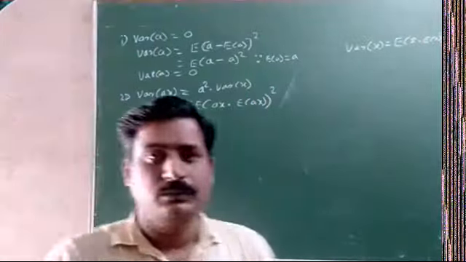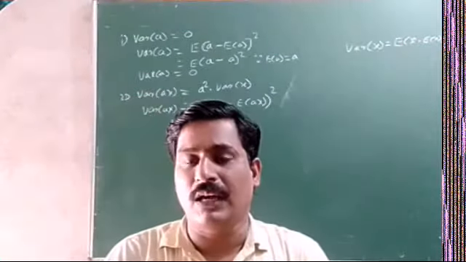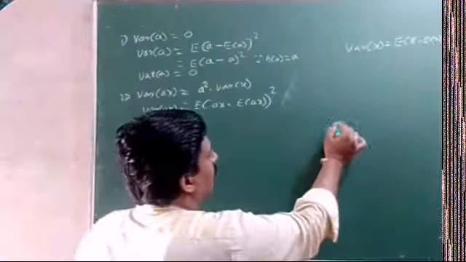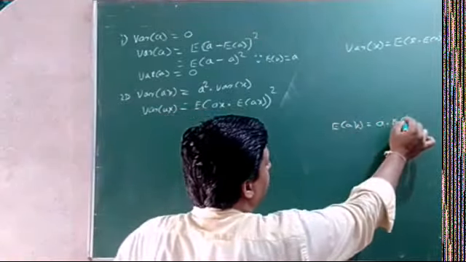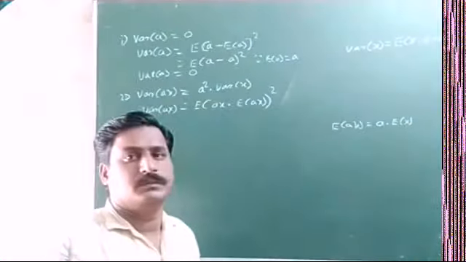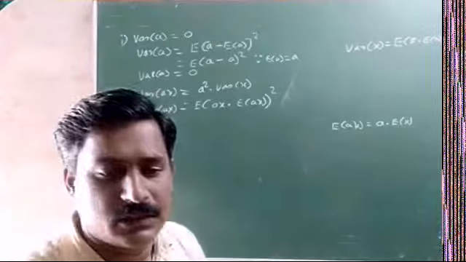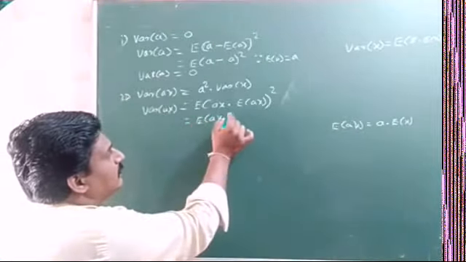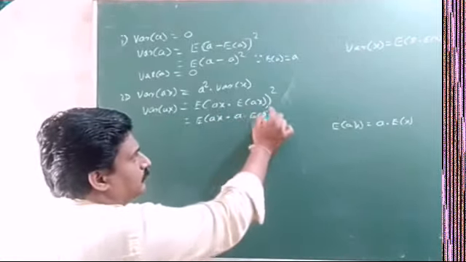Now E of AX, already we proved, what we proved there? E of AX is equal to A into E of X. Now put that here: E of AX minus A into E of X whole square.